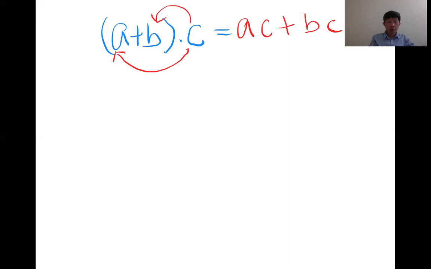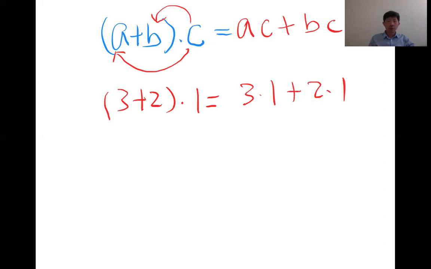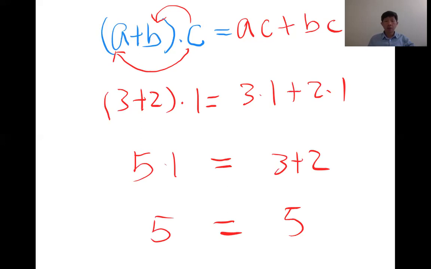Let's say A is 3, B is 2, C is 1. A times C is 3 times 1, B times C is 2 times 1. Moving down, this side is 5 times 1, and this side is 3 plus 2, which is 5. So 5 is equal to 5. Did you see it? The distributive property.